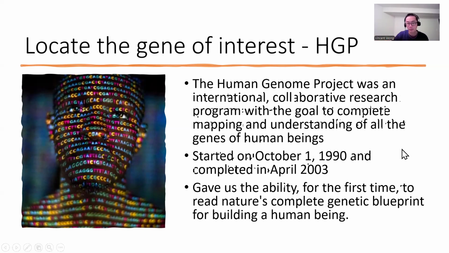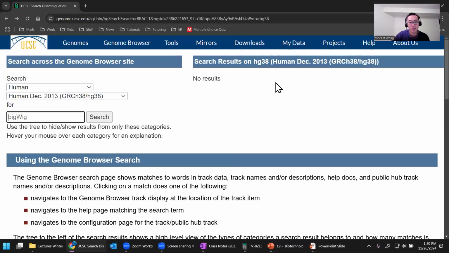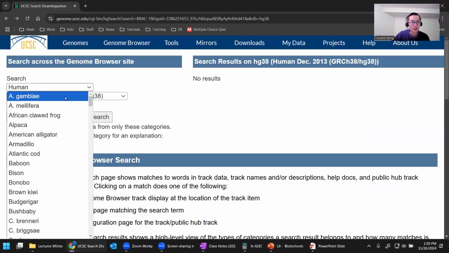At the time they had just started, and now it's all completed and it's freely available online. There's a website called the Human Genome Browser, which you can play around with if you want. But it's not just humans. They've done it for so many organisms now, and they're getting better and better at it. They are able to do it very quickly nowadays, and with fewer resources.